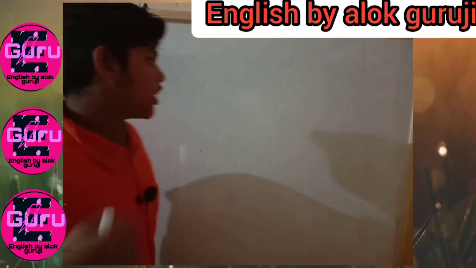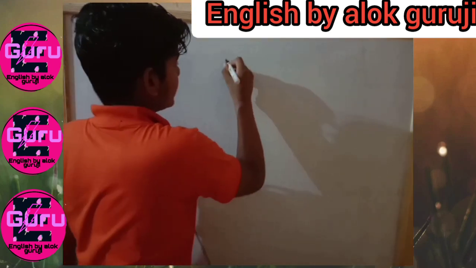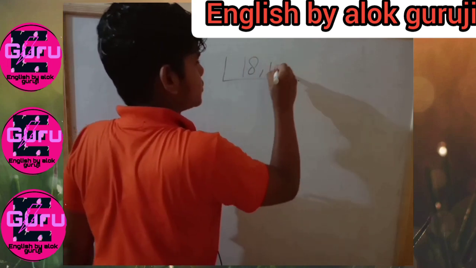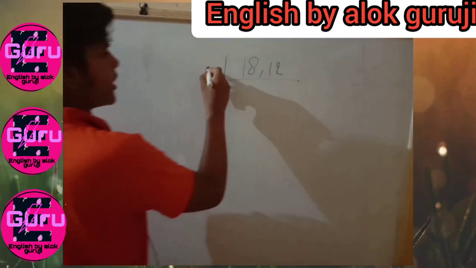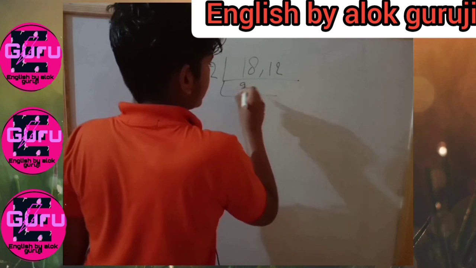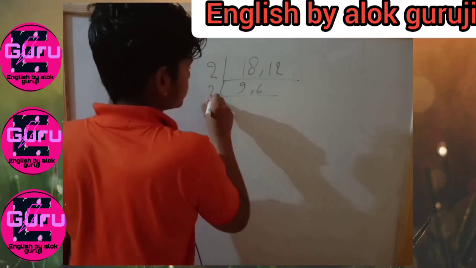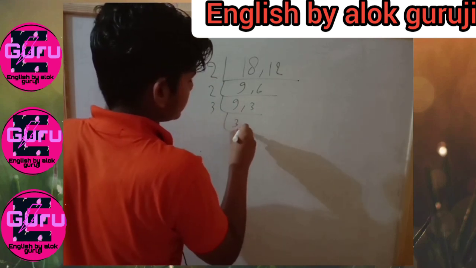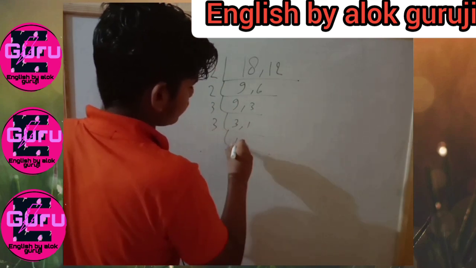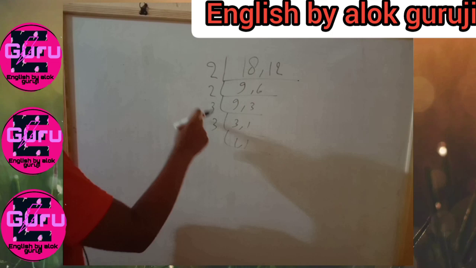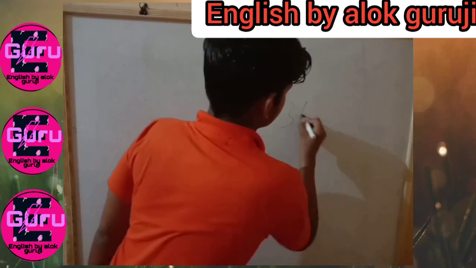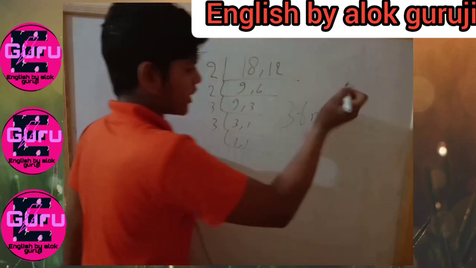We should calculate simply the LCM of 18 and 12. Now you can calculate this. 2, 9, 6. 2, 9, 3. 3, 3, 1. 3, 1, 1. 2, 2, 3, 3. 2 into 2 is 4, 4 into 9 is 36. 36 minutes is our required answer.